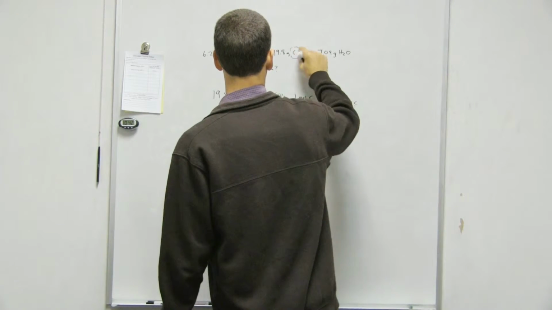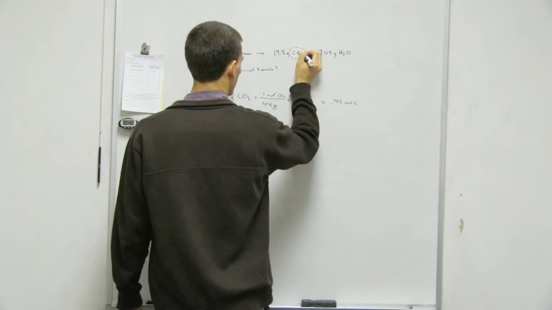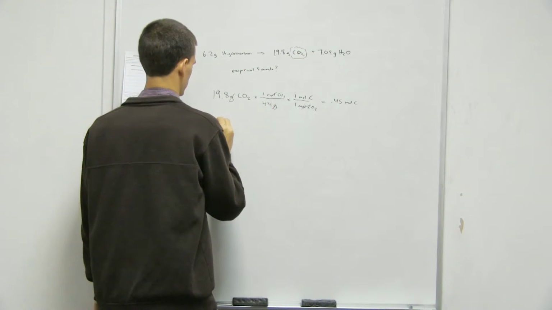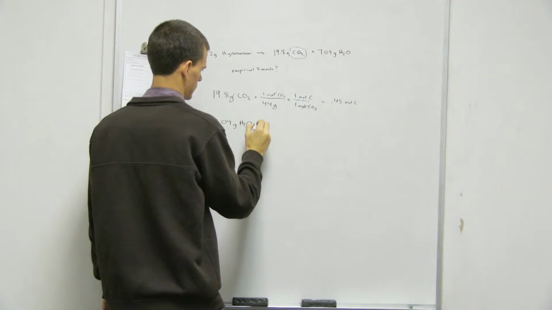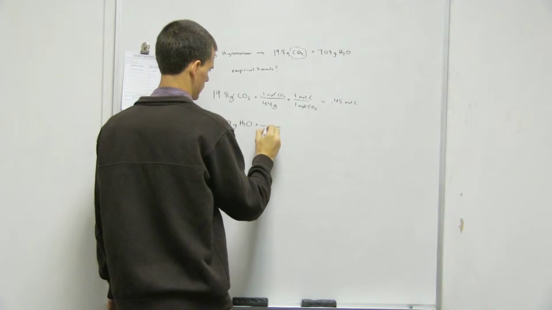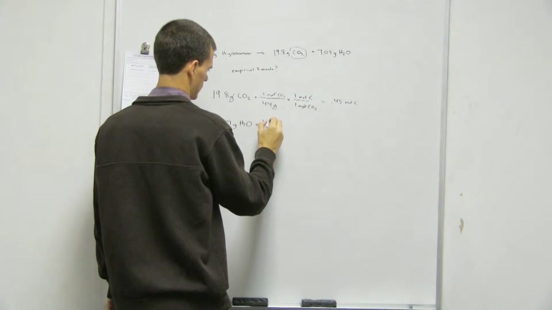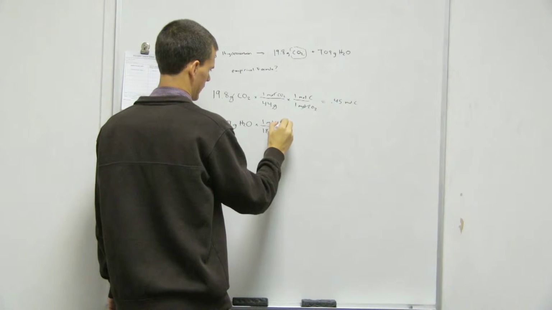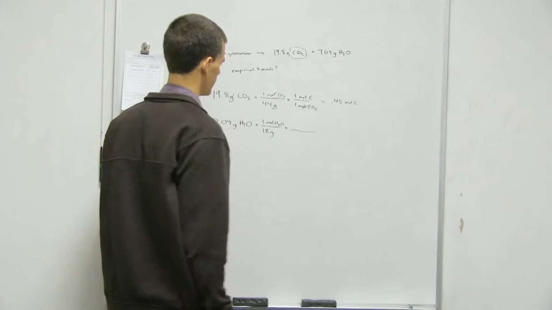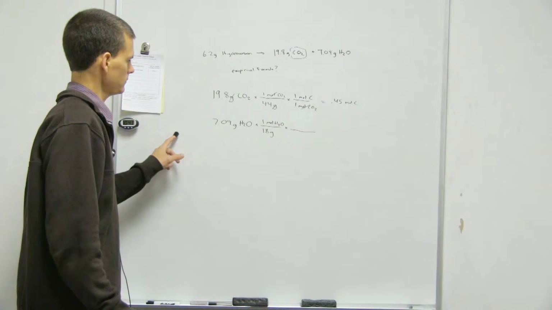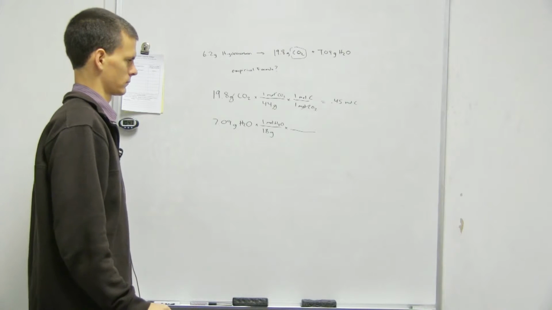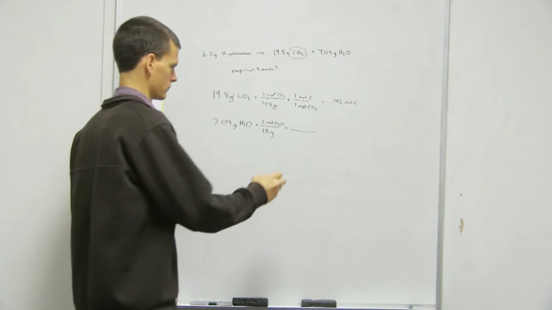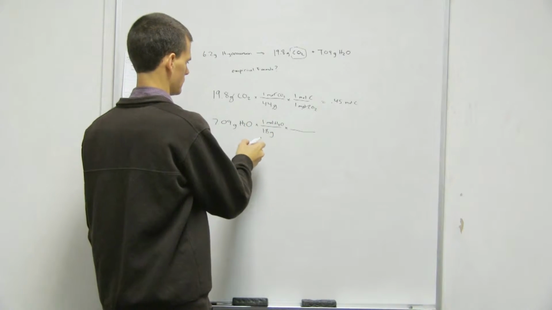So with H2O, 7.09 grams. I knew there was some kind of ratio in there, but I had no idea what it was. So what would this ratio be? It was 18 grams of H2O for 1 mole.